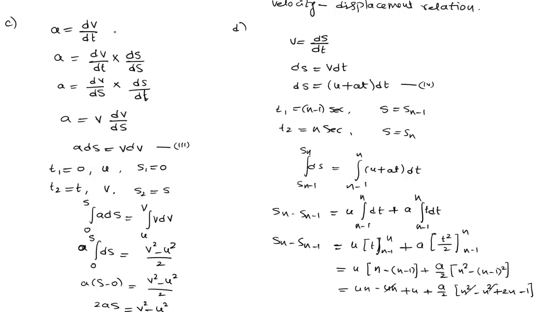Okay, these two cancel each other. Finally the distance traveled in the nth second formula: s(n) is equal to u plus a by 2 into (2n minus 1). This is the fourth equation of motion by using the calculus method in the presence of uniform acceleration motion.